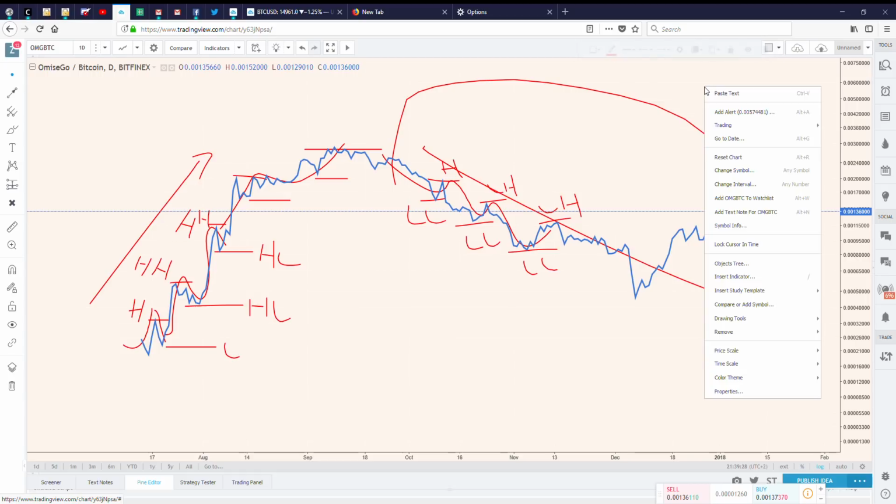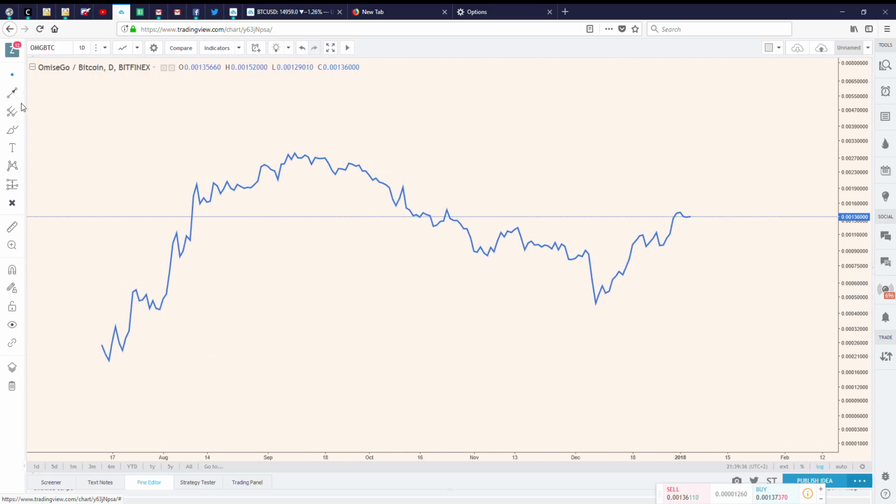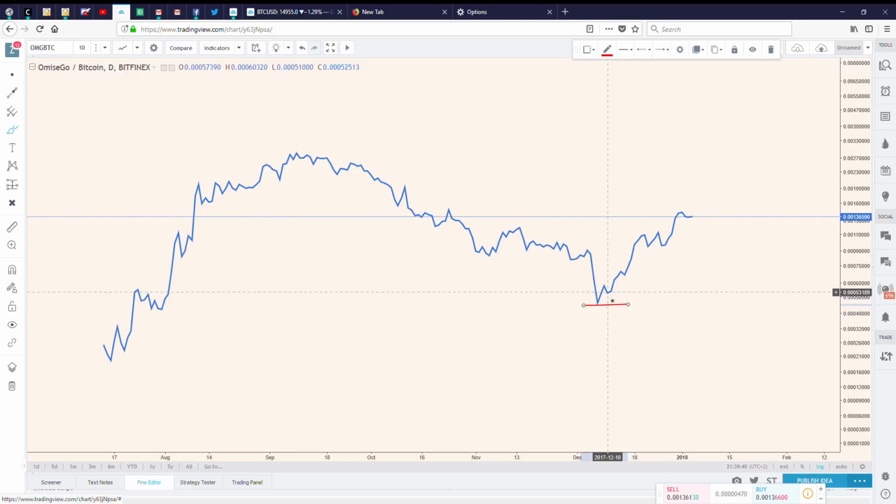If we look at the recent price action on Go, you can see that we did find a bottom over here. We did find a bottom, and then price actually broke up. Now, I mean, this could be seen as the last high in the bear cycle or the bear market run, and then this would be the lower low.